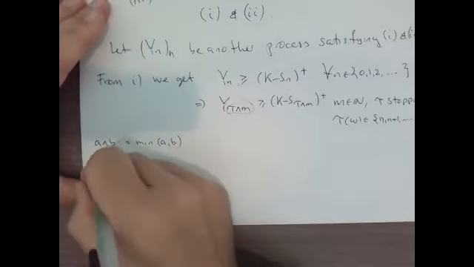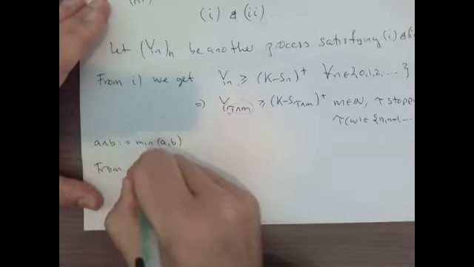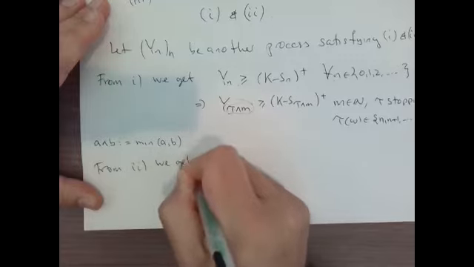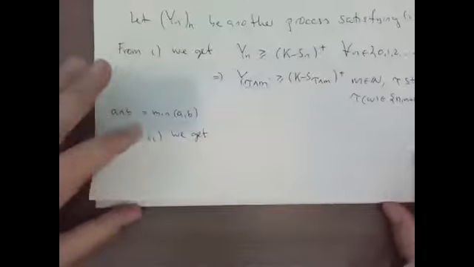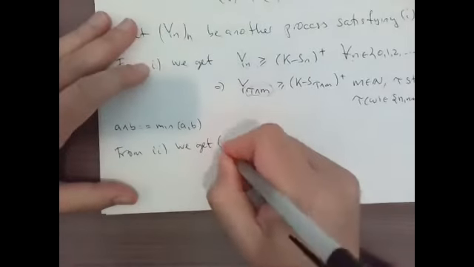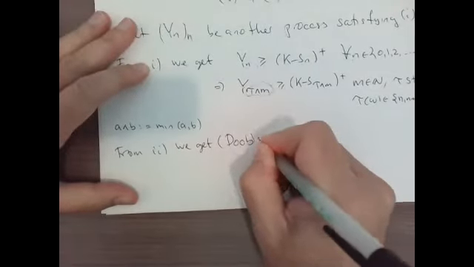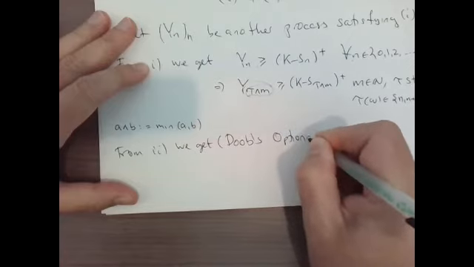Now we do 2. From 2, we get, now that's a supermartingale property. From 2 we get, and here we also use Doob's optional sampling.